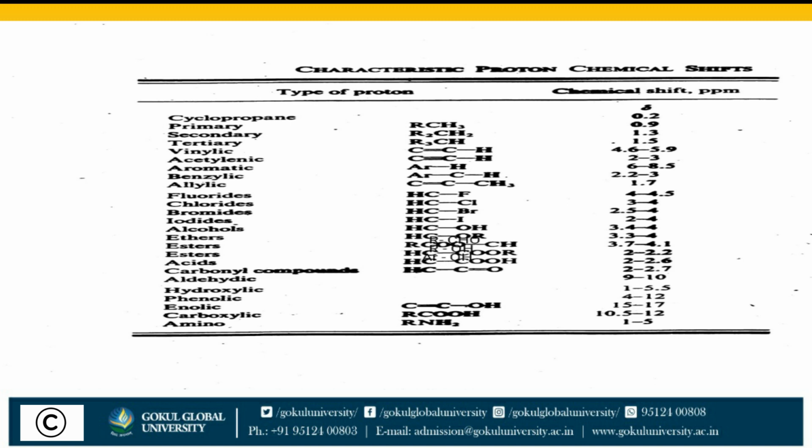These are all different. But one thing to remember is that carboxylic acid and aldehyde have the higher chemical shift values. So in an exam, if we require the value of an aldehyde or carboxylic acid, the value is nearby 9 to 10 for aldehyde and 10.5 to 12 for carboxylic acids, and benzylic is 2.2 to 3.